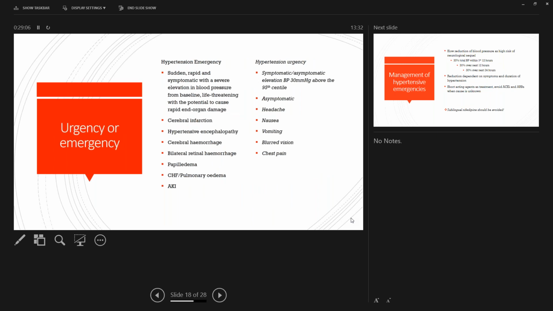A lot of the literature when we're looking at acute hypertension focuses on the definition of urgency or emergency. These are both very useful for classifying your hypertension and basing your treatment on the symptoms of presentation. Hypertensive emergency is a sudden, rapid and symptomatic onset of elevation in blood pressure from the baseline. It's classified as potentially life-threatening, with the potential to cause rapid end organ damage.